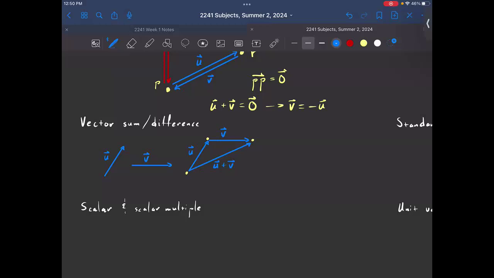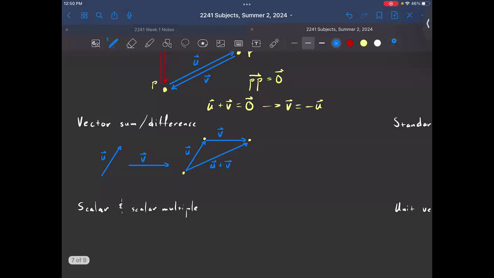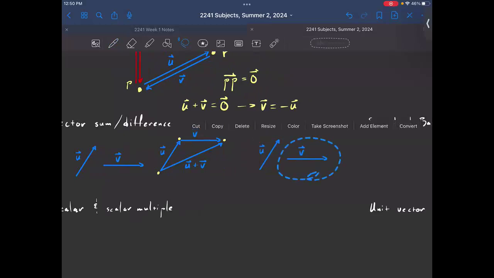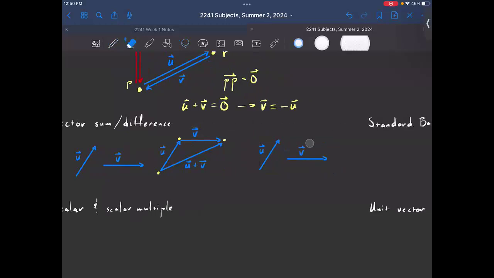All right, what about the difference? Well, I kind of have to cheat and tell you what the negative is ahead of time. But if I want to do the same thing here, paste that again, then I take v, and I'm actually going to flip it around. So we're now going to say v points in that direction, and this is minus v. If you want, you can also just think of a vector pointing in the opposite direction of v. That's fine too. And we do this.